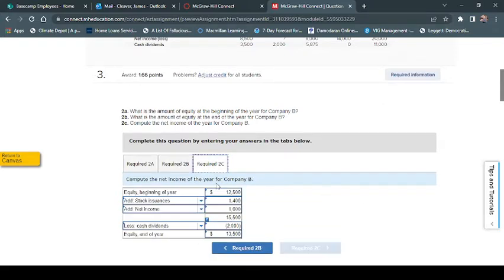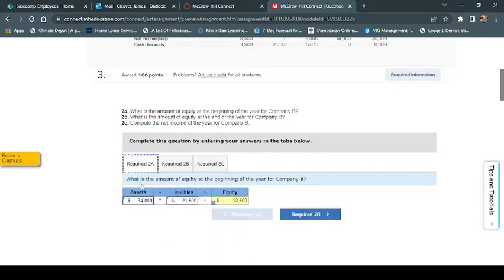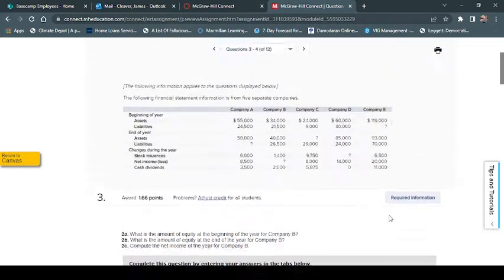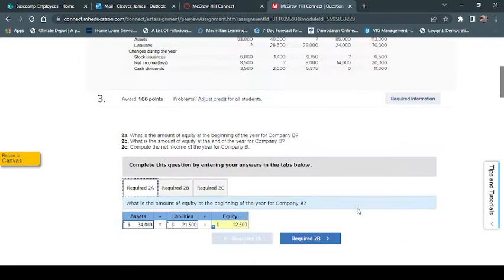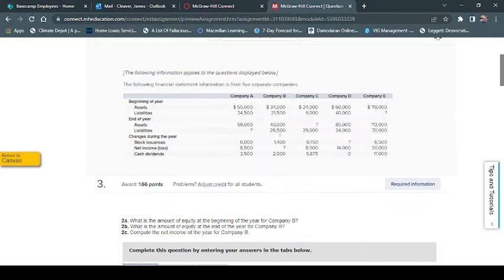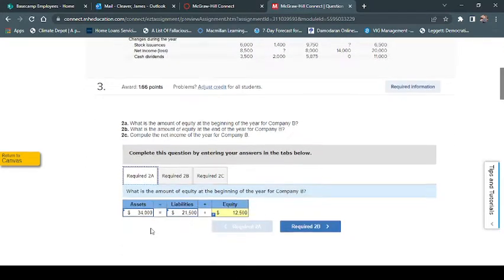Practice makes perfect. So in 2A, what's the amount of equity at the beginning of the year for company B? Here's company B, right? What is the amount at the beginning of the year? 34,000 and 21. It didn't give you any equity, but it gave you assets and liabilities.